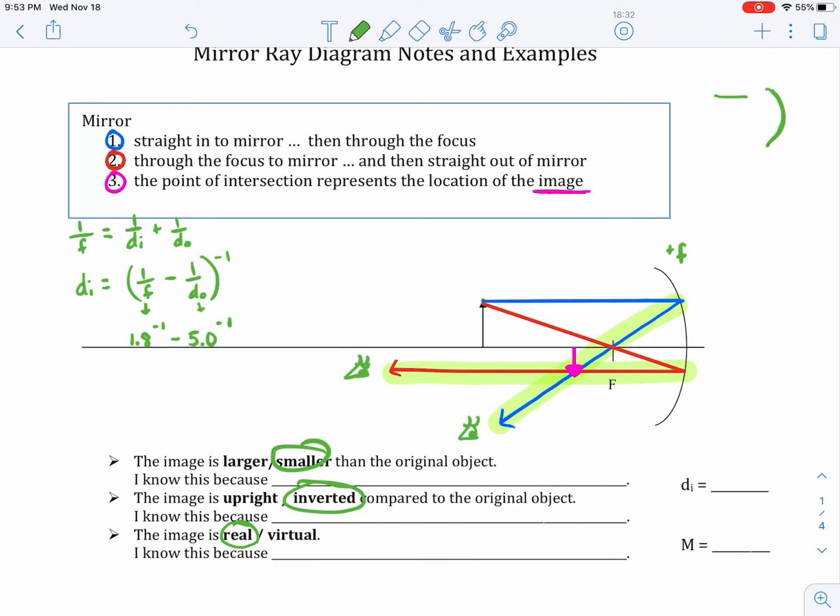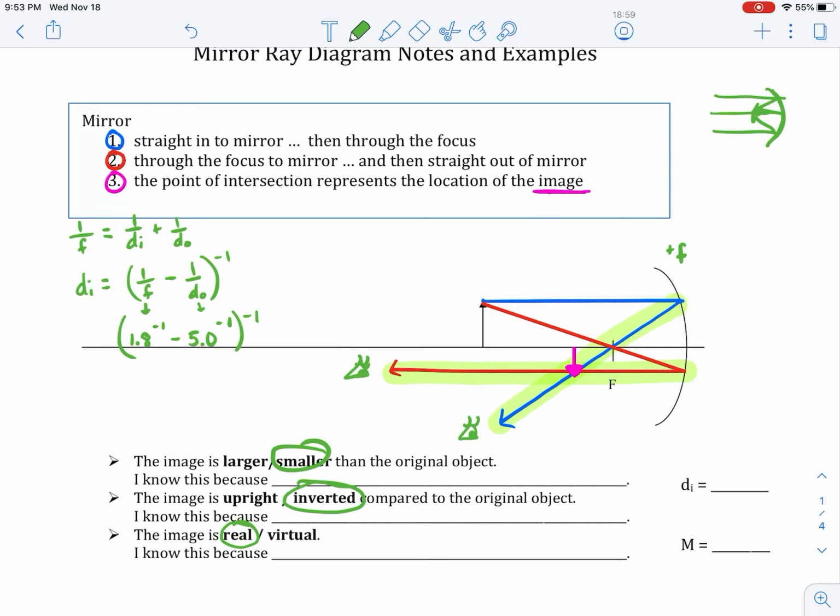In this case, we have a positive F because, if you recall from the notes, for a mirror with this shape, the light rays that came in bent so that they ended up joining together, so this is converging. Converging light rays have a positive F for the focus.